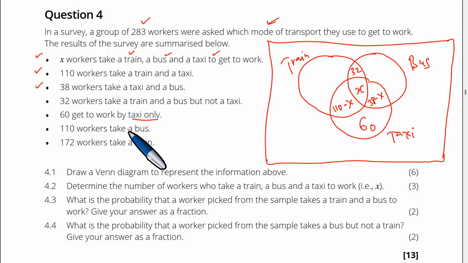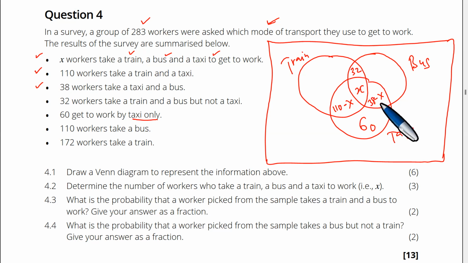110 workers take a bus. Okay, but it's not bus only, because if it were bus only, we would just put the 110 here. But they take a bus, so it means that it's everything here. Now this might be easier because if you add this and that, this X is cancelled already.